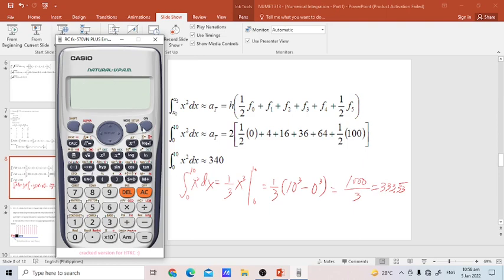We can check our answer. So the integral of x squared dx from 0 to 10, we get 1000 over 3, that is 333.3333, and so forth.